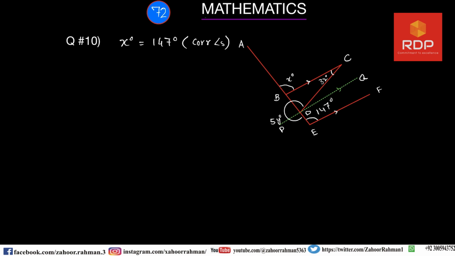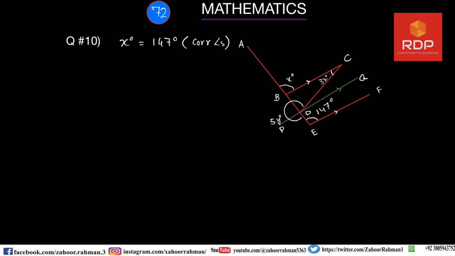Now the green line which you can see in the figure is not given in the question, but for our purpose we drew this PQ line parallel to EF and BC.